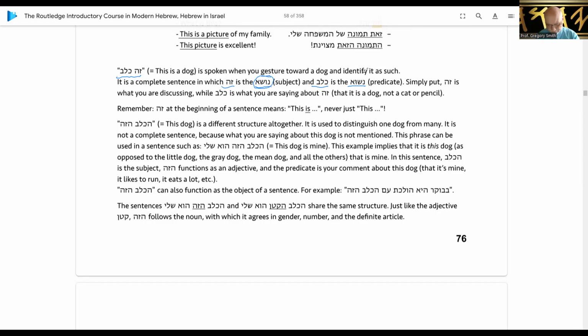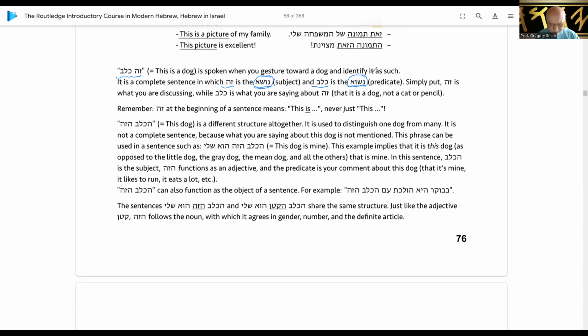Nasu, there we go. It's the same one that's used for married, isn't that something?